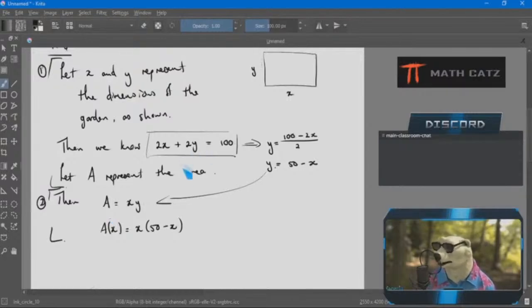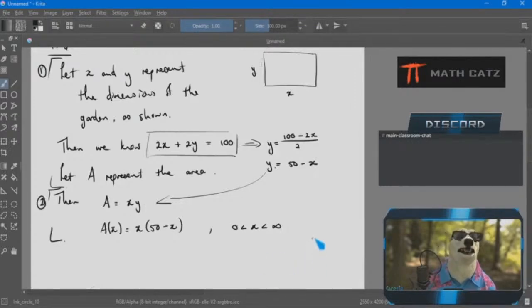I have to think about the practical restrictions, the use of this function in the context of the question. So don't overthink it, but there is a limitation on the values of x, of course, right? X can't be negative. I can't have a negative length here. So at the very least, I am going to just say x has to be a positive number.